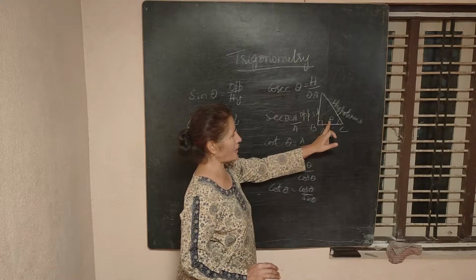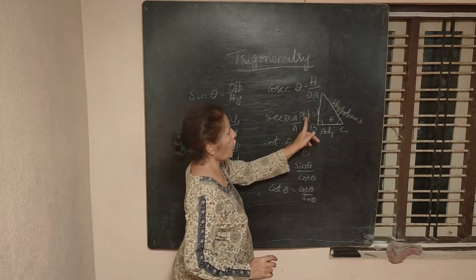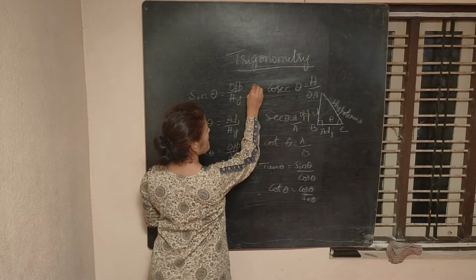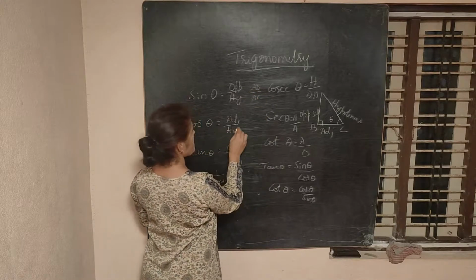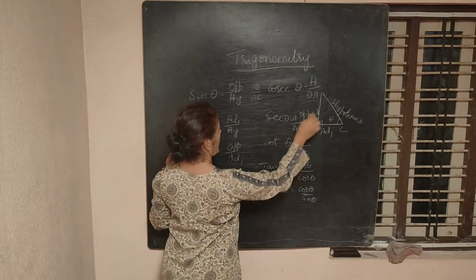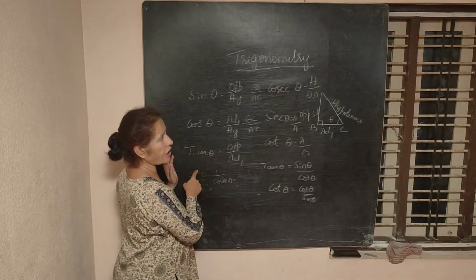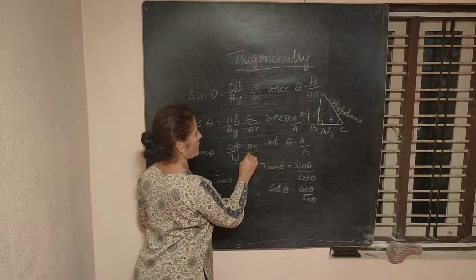In this picture, what is sin theta? Sin theta is opposite by hypotenuse, so AB by AC. What is cos theta? AH, BC by AC. What is tan theta? OA, AB by BC.